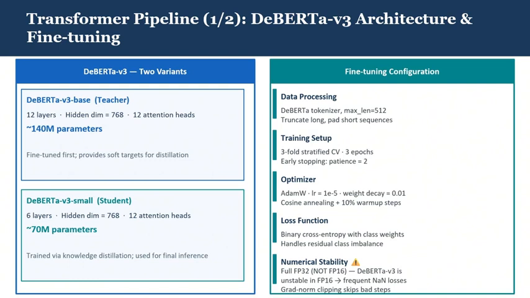Fine-tuning used 3-fold cross-validation, AdamW at a learning rate of 1e-5, and FP32. DeBERTa v3 is numerically unstable in FP16, producing frequent NaN losses. We handle this with gradient norm clipping to skip bad optimization steps.